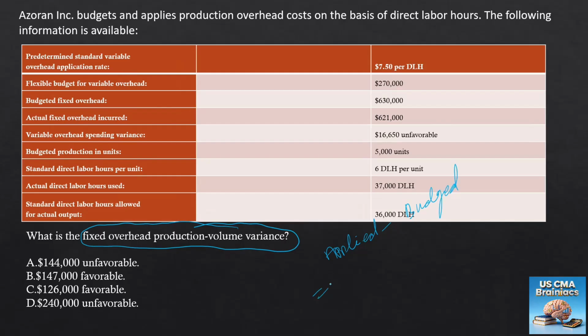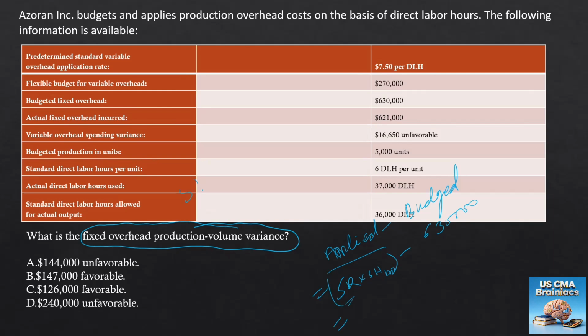Our budgeted is already given, which is 630,000. So we need to find the applied one. To find it, we need to multiply the direct labor hours per unit by the budgeted production, which is 5,000 into 6. It will come to 30,000. Applied is the standard rate times the standard hours for actual output.